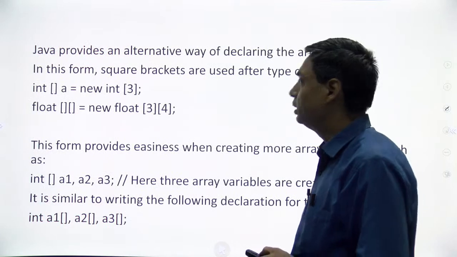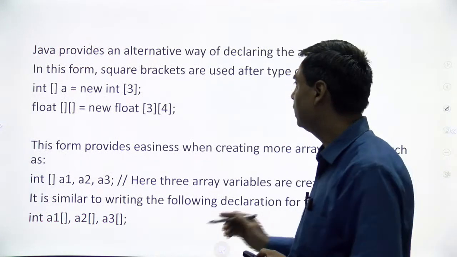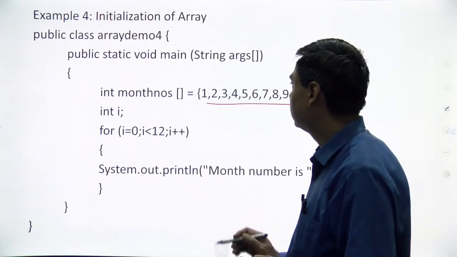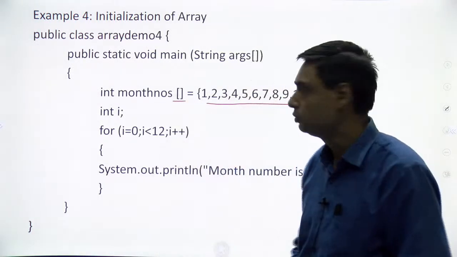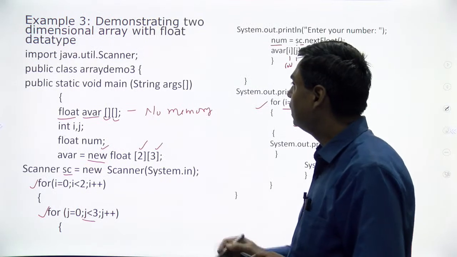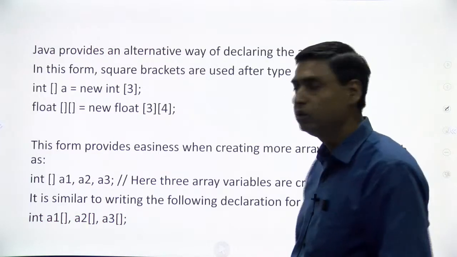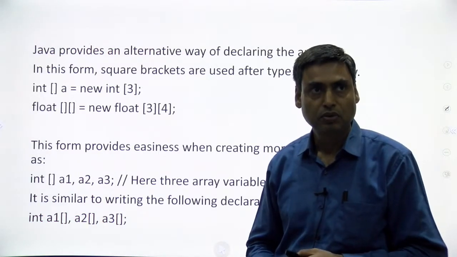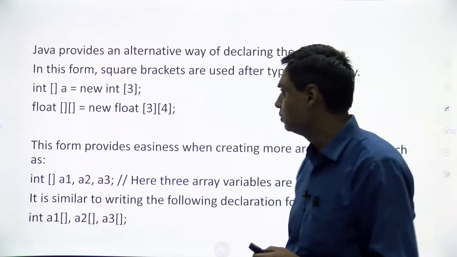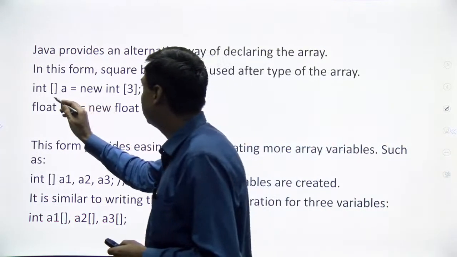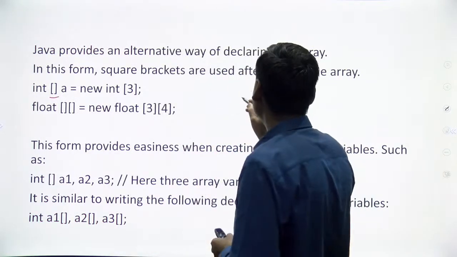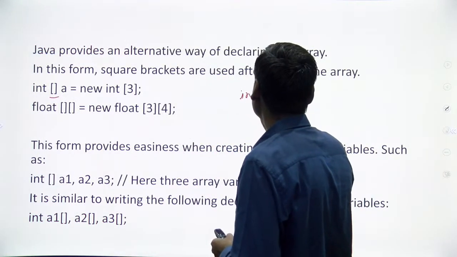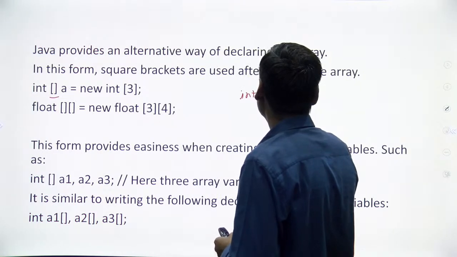Next part is, generally we declare the array by putting the bracket after the variable. Now there is an alternate way to declare a variable. What is the alternate way? Just put the bracket before the variable, not after the variable. Generally we are creating the array like int a and bracket.